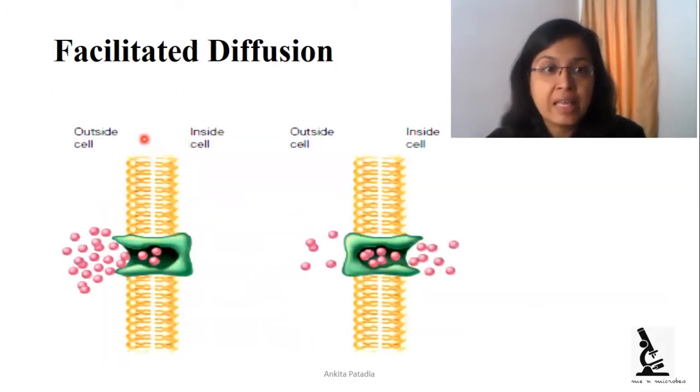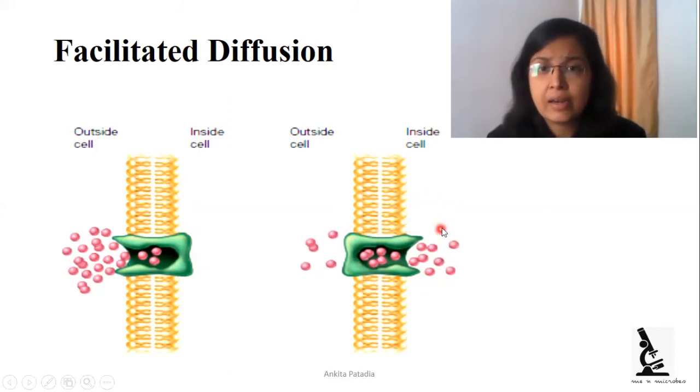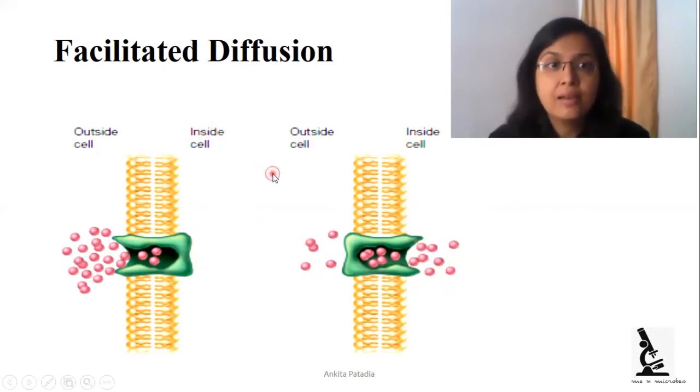Here in the picture we can see that molecules are coming inside the cell from outside with the help of this carrier protein, also called permease, which allows only specific molecules to come inside. This is a reversible reaction and doesn't require any energy. If the concentration of the molecules increases inside, they can come outside of the cell as well.